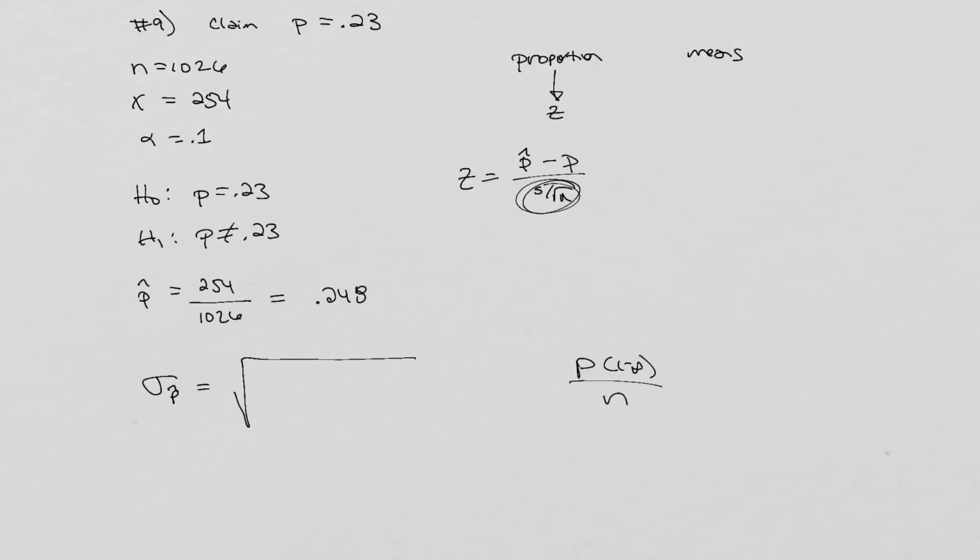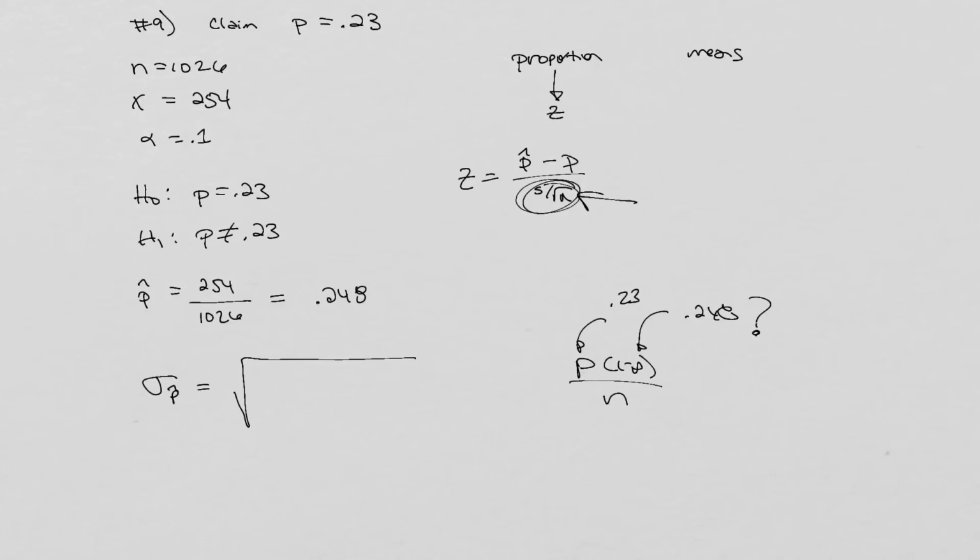In this case, to get this standard deviation, what number do I use for p? Do I use 0.23 or do I use 0.248? Which one do y'all think we should use for this case? Yeah, and why do we use the 0.23? What's our rationale there? Well, the whole idea is that we're trying to disprove the null hypothesis.